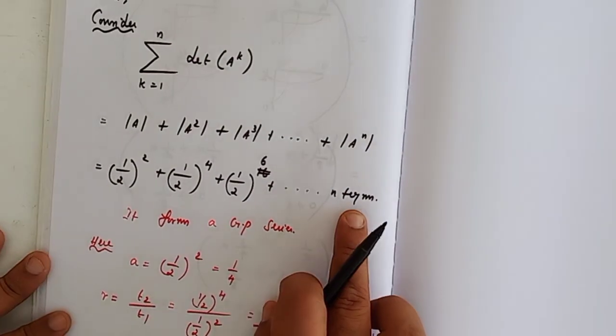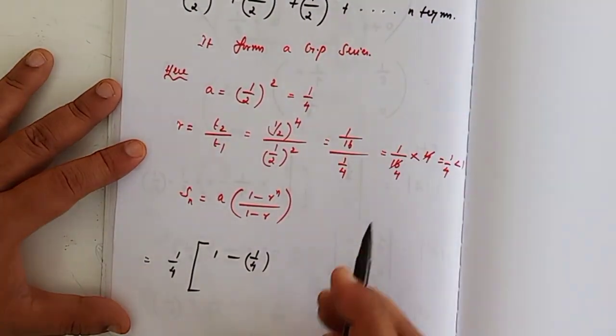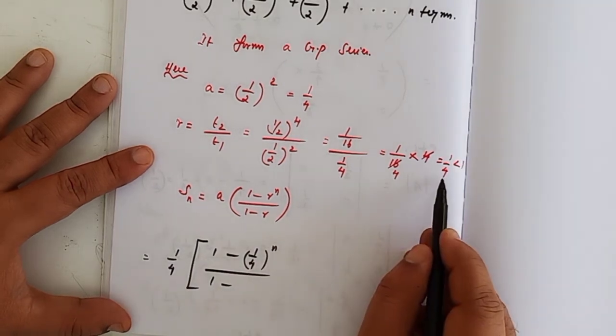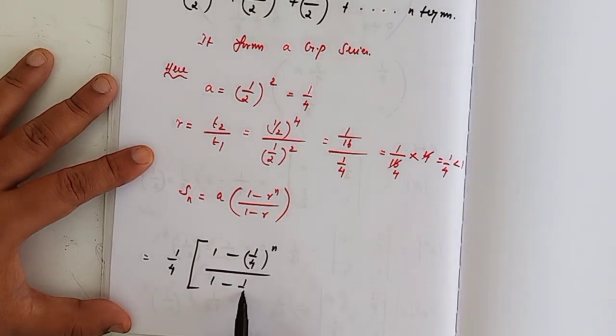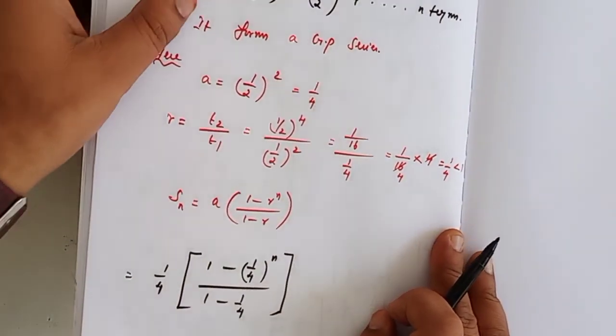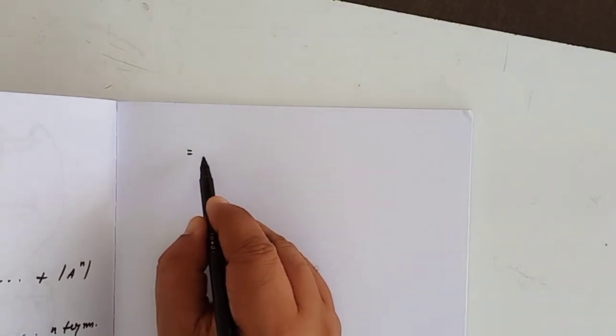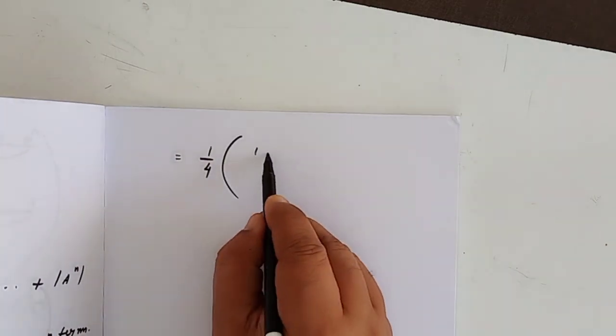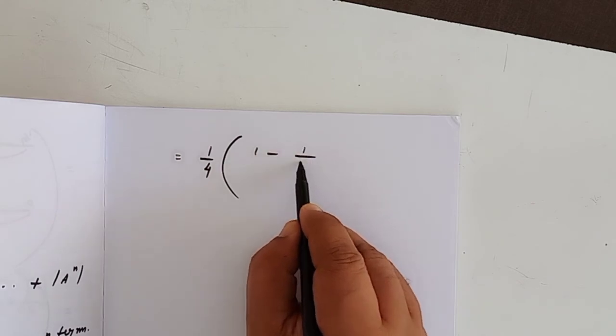Here we have n terms, so that is n only, divided by 1 minus r, the value is 1 by 4. Now we have to simplify.